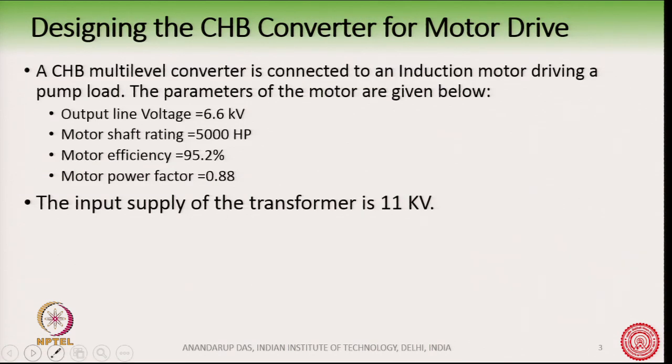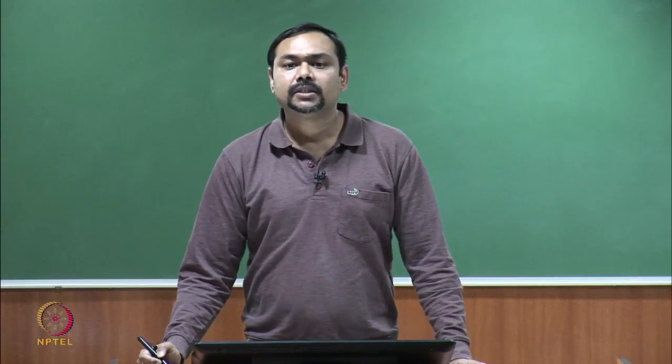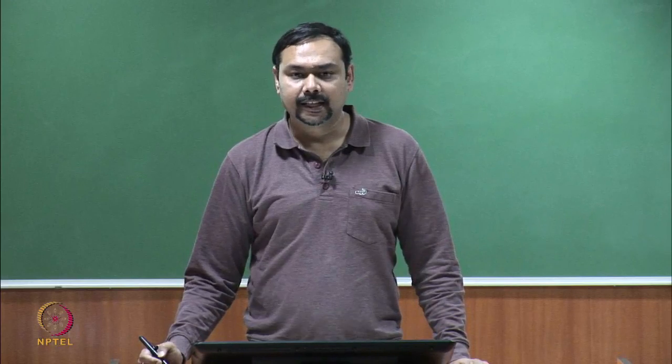So, for example, we have a CHB multi-level converter which is connected to an induction motor driving a pump load. In most cases induction motors in the industry are used for driving pumps, compressors, fans, etc. Another very big application area is drives, the motors which are used for say traction.